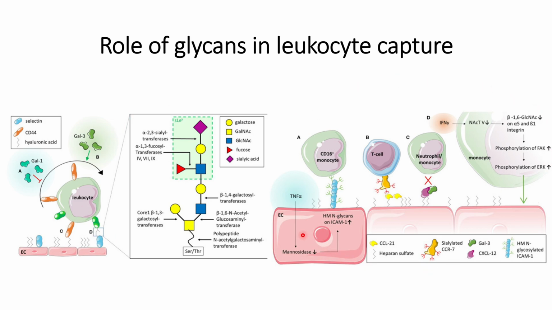Now let us understand what will happen when there are some changes in the carbohydrate structures. When TNF alpha is upregulated in the endothelial cells, it will lead to a decrease in mannose, and the decrease in mannose will cause upregulation of high-mannose N-glycans on ICAM1, and these high-mannose N-glycans on ICAM1 will promote or accelerate CD16 positive monocyte attachment.